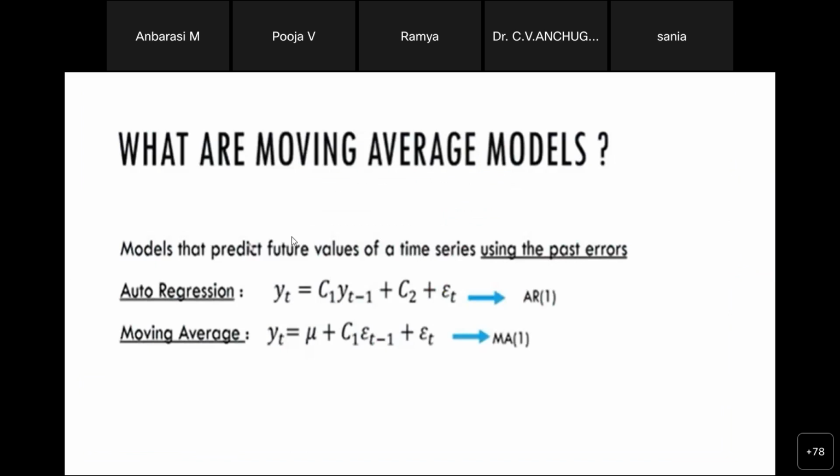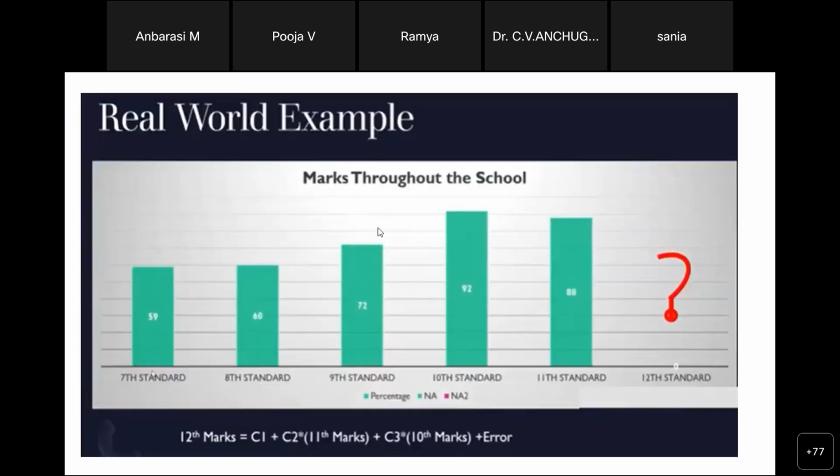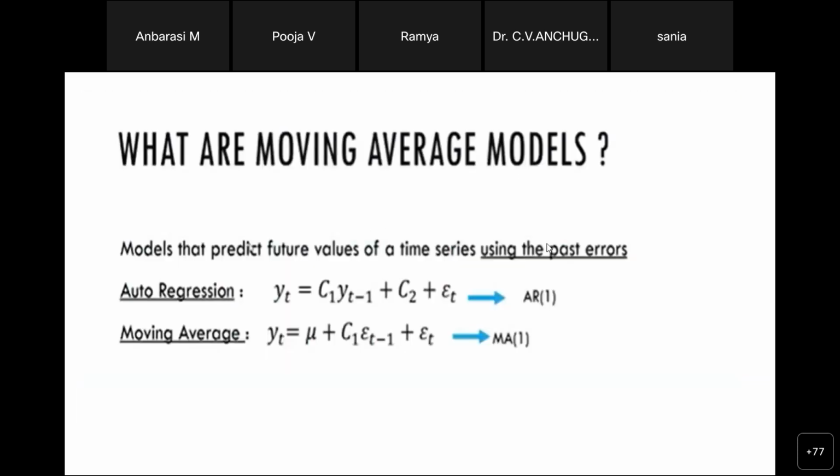In the autoregressive model, we predict the future value based on the previous values. But in the case of moving average, we use the past error data to predict the future value.